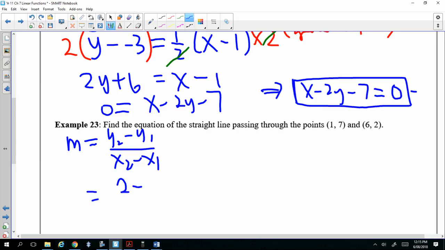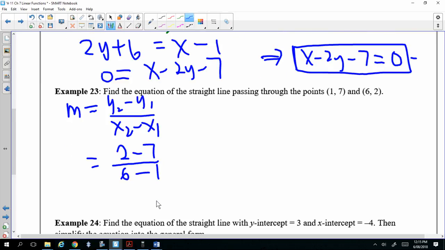What would it be? Use your calculator. Minus 1. We've got the gradient. Which point do we use? Doesn't matter. Let's say we use this point, x1, y1. You go y minus y1 equal to gradient times x minus x1.